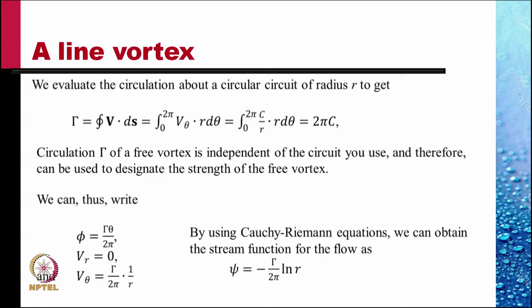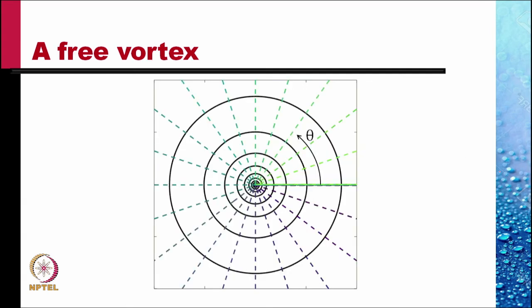By using Cauchy-Riemann equations, we can obtain the stream function, and the stream function psi is minus gamma by twice pi ln r. So these are the streamlines and potential lines for a free vortex. The solid lines are the streamlines.